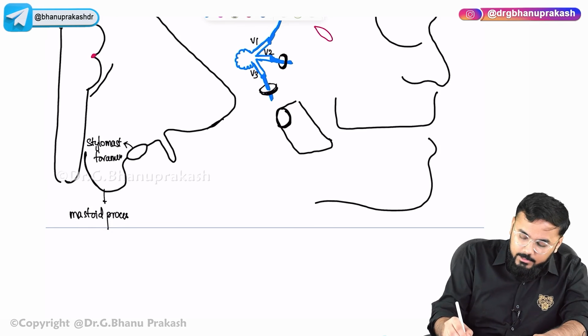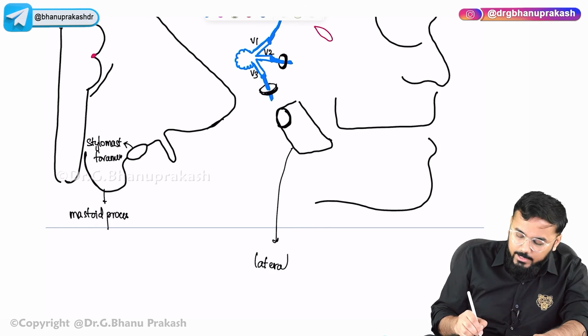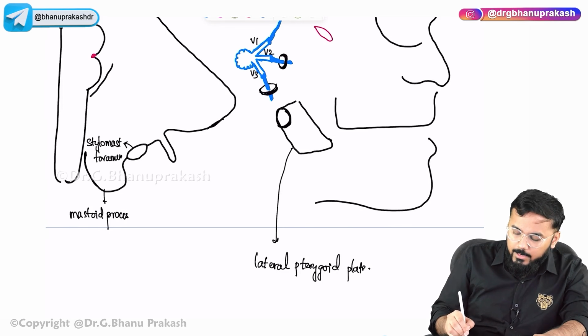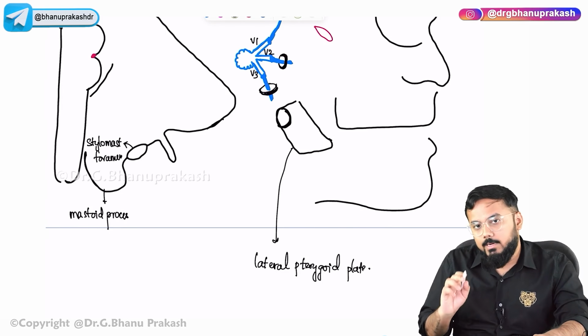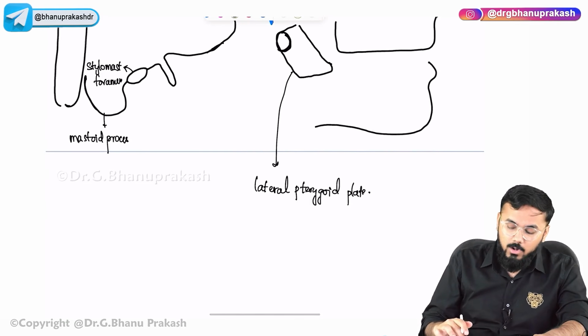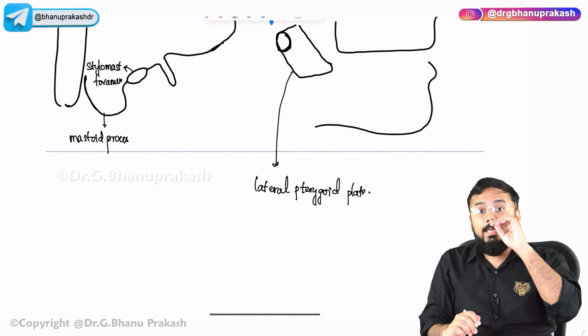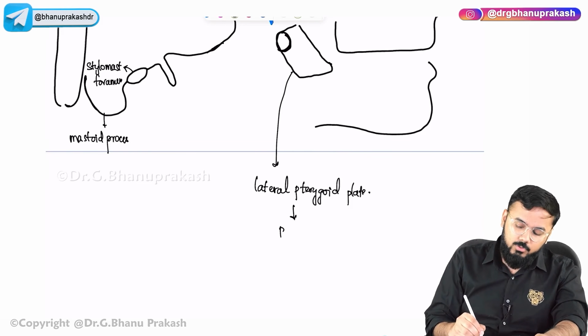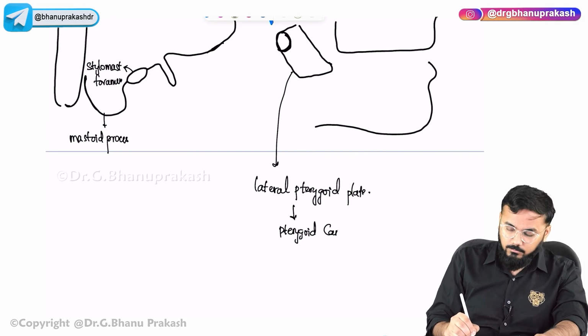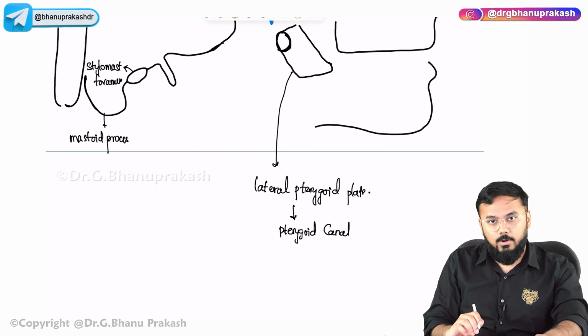Okay, let me write this down. The lateral pterygoid plate has an opening, and what is that opening called? Pterygoid canal. That opening is called the pterygoid canal.